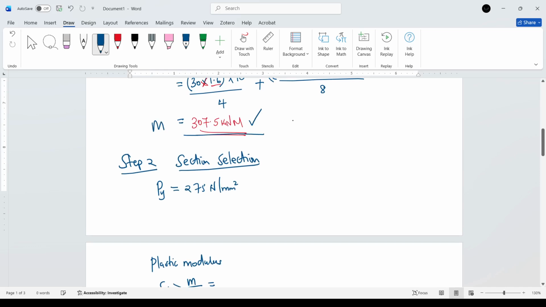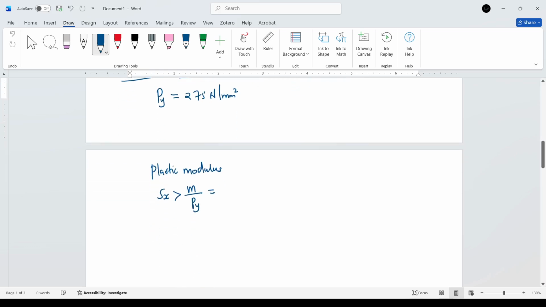These are M, 307.5 kilonewton meter, not per meter, because it's moment. And since PY is in newtons, we are going to convert that one.